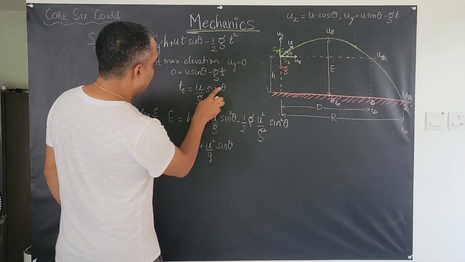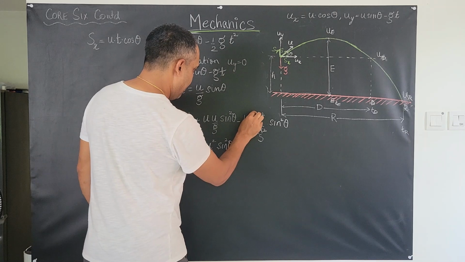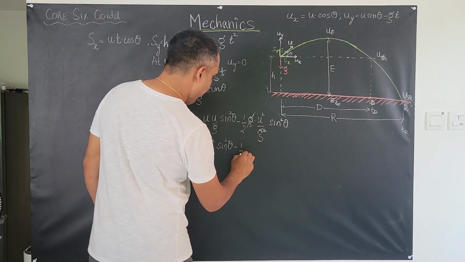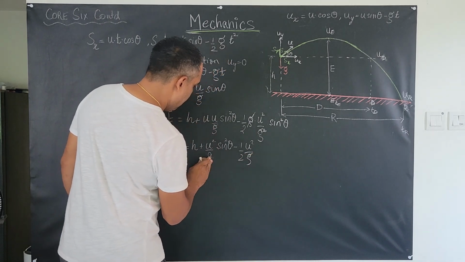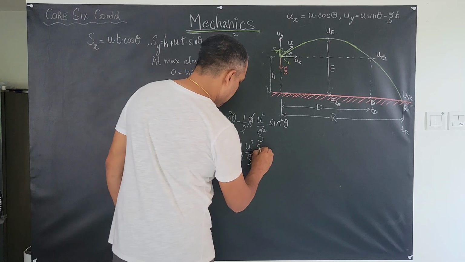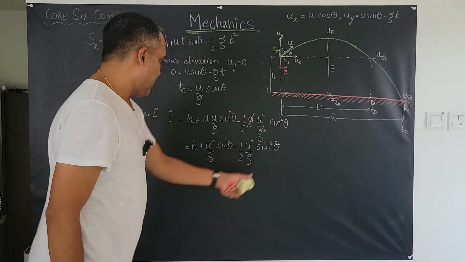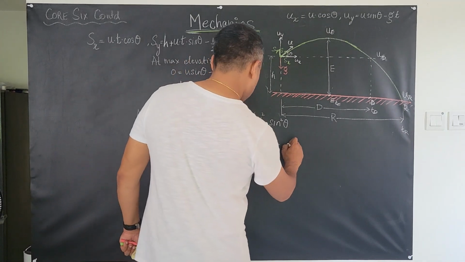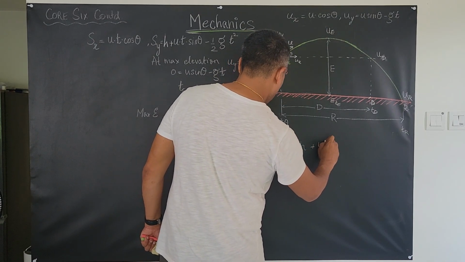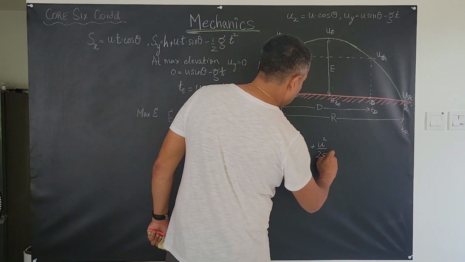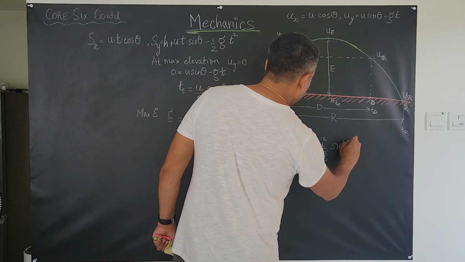Because it's U by G sine theta and there is sine theta here. So this is U square by G sine squared theta. And that is the G, and this goes away. This is 1/2 U squared by G. Look at that. Sine squared theta. Well, those terms would simply give me H plus U squared by 2G sine squared theta.